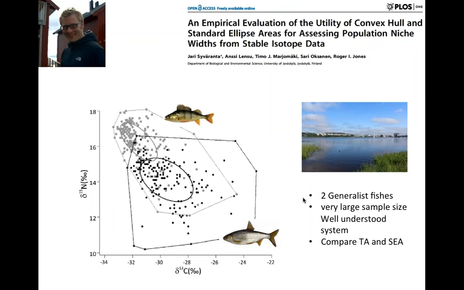But the story takes another little twist. It states this guy. So Jari Syväranta is a Finnish guy who is a brilliant isotope ecologist and a brilliant fish biologist, and it tells you a lot about the state of funding for science in Europe, that he's now training to be a lawyer in Denmark, which is a shame, but there you go.